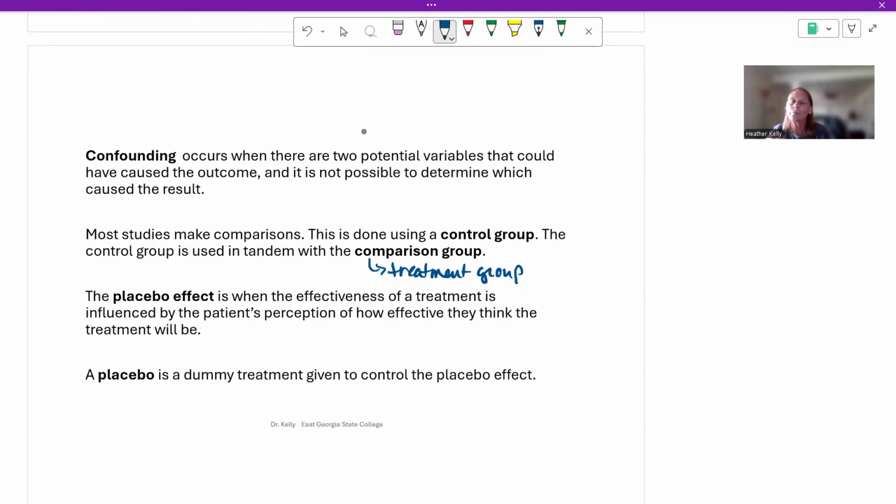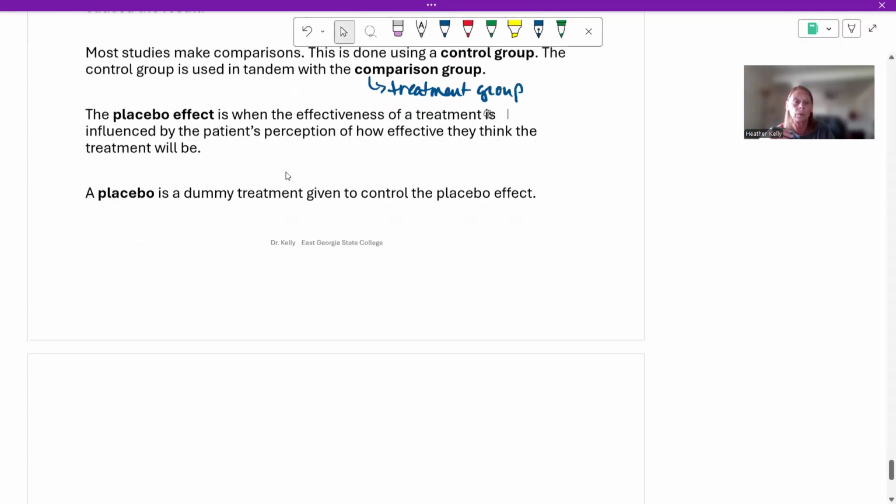There's a lot of psychology to do here. So they would give the group getting the new drug the actual drug, and they would give the other group the placebo. It would look like the drug. It would come across in the same packaging, the same way they received it. Was it a pill? Was it a liquid? Was it an infusion? Was it a shot? Whatever it was, it would go the same way, and that would be considered the placebo.